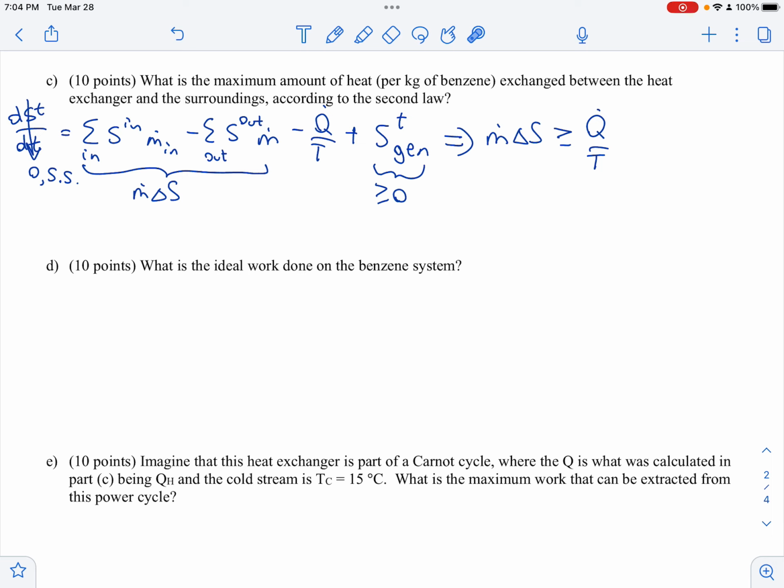That also tells us, if we want to be more explicit, we can make sure that this is specified as the surrounding temperature.